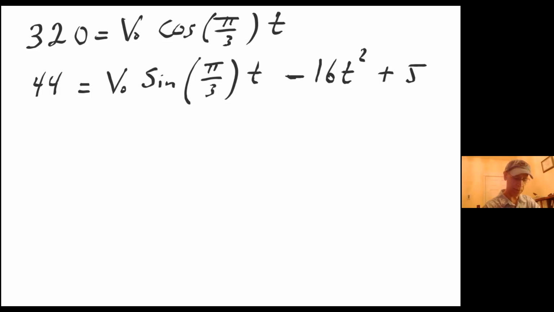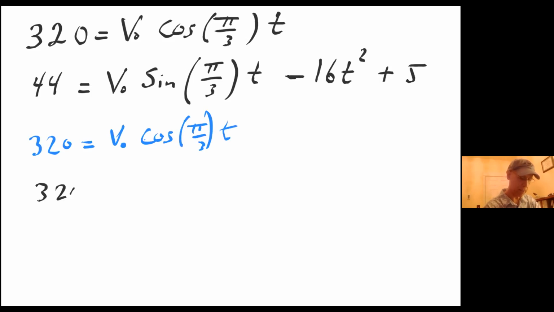So from the first one, 320 equals v naught cosine of pi over 3 times t. Well, what is cosine of pi over 3? I know cosine of pi over 3 is 1/2, so 320 equals v naught times 1/2 times t.